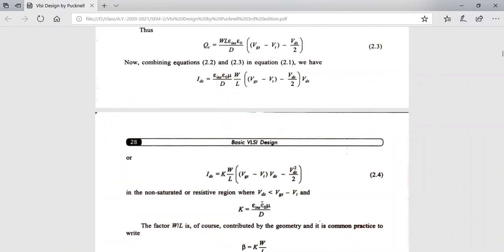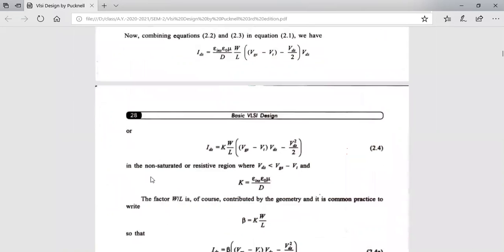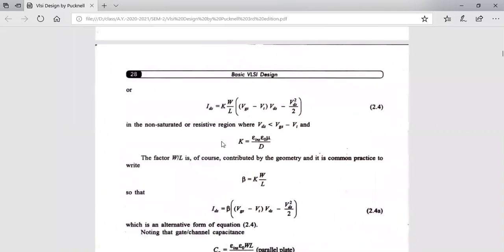Epsilon naught, epsilon INS and mobility mu are all constants, so instead of all this I can write K into W by L.